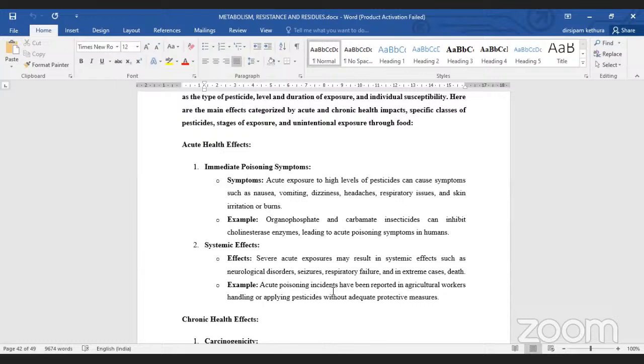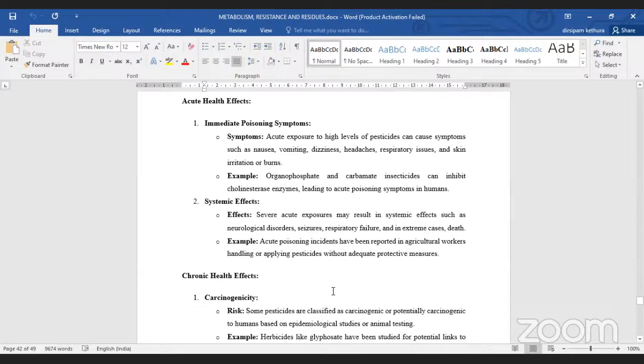Under this, the first one is immediate poisoning symptoms. Acute exposure to high levels of pesticides can cause symptoms such as nausea, headaches, respiratory problems, etc. For example, organophosphate and carbamate insecticides can inhibit the cholinesterase enzyme, which leads to acute poisoning symptoms in humans.